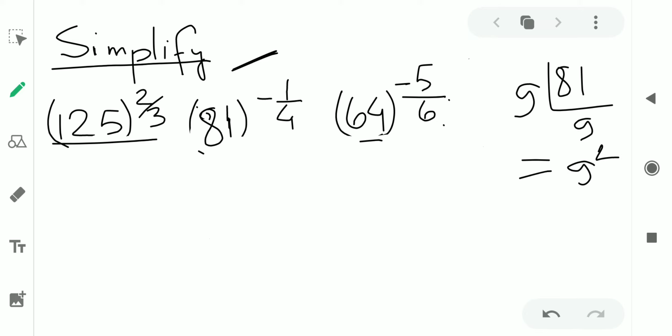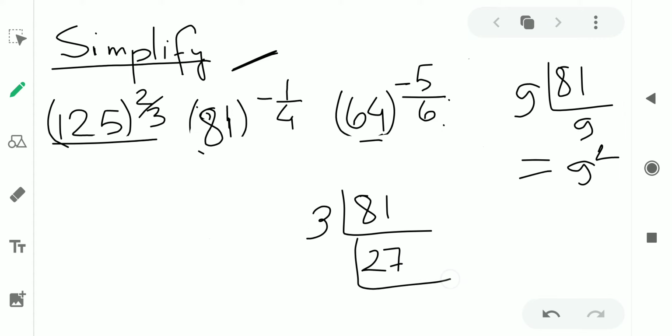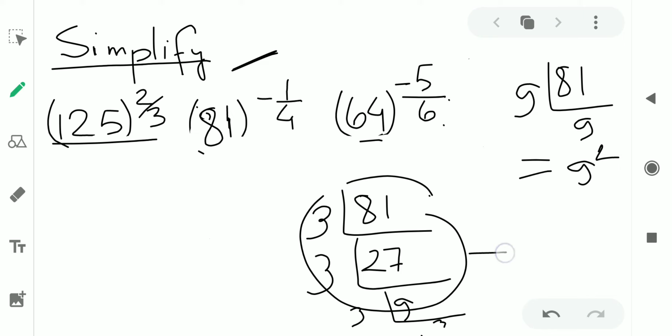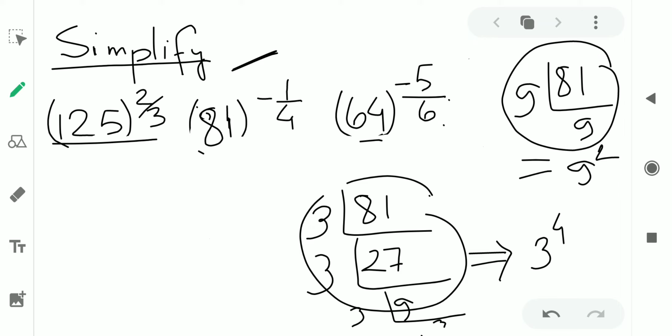Or you can write this way also. 81 if we divide by 3, it will be 27. 3 9s are 27, and again 3 3s are 9. So in this case you will get 3 to the power of 4, and in this way you will get 81 as the square of 9. So now the question is, which expression should we use?